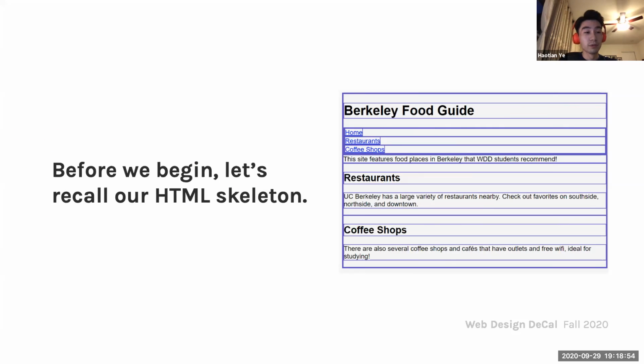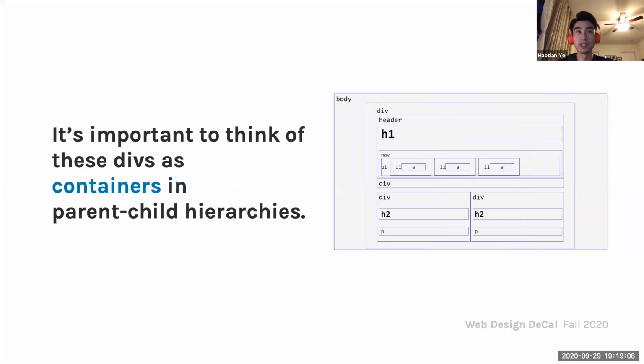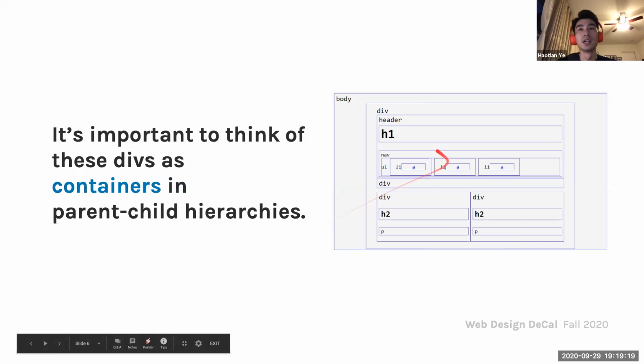And some brief review of what Nick went over last week of the box model, about our HTML skeleton and how everything is in boxes, and the flow of how we position things. It's important to think of all of these divs as containers in parent-child hierarchies. For a refresher, let's take this picture on the right.